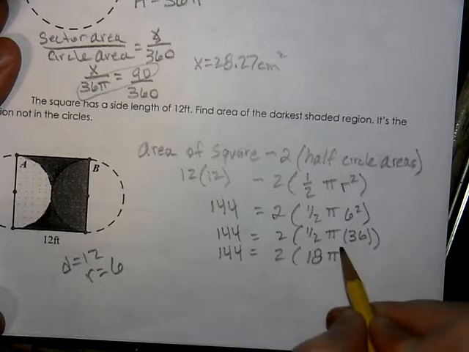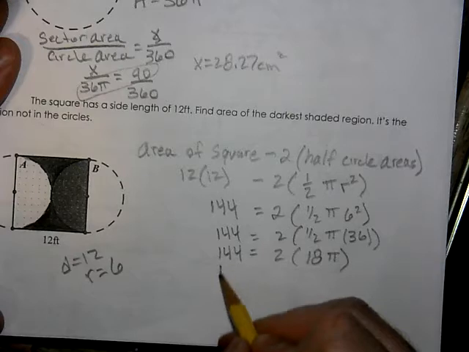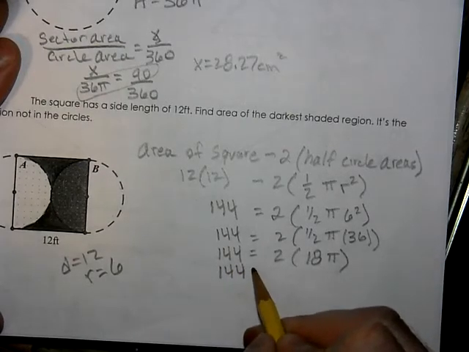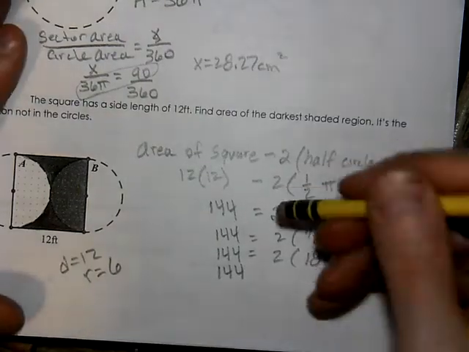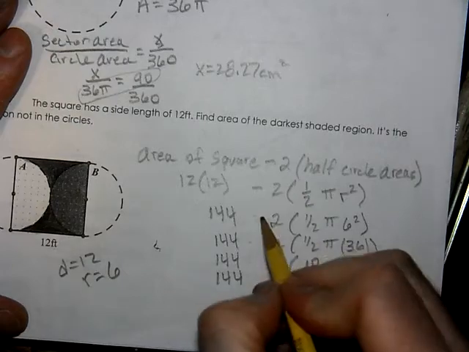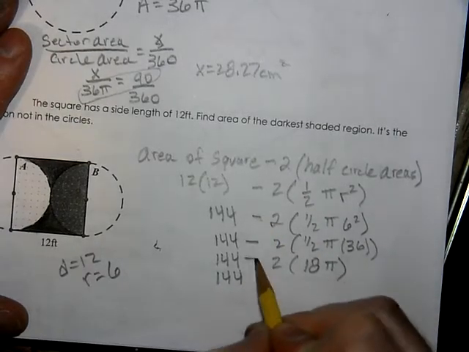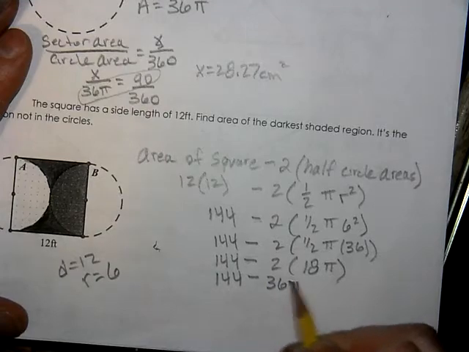So we get 18 pi, and when we times it by 2, oh, I'm sorry, I'm putting equal signs in here. I got confused there for a moment. We're not equaling them, we are subtracting them. Subtracting 36 pi.